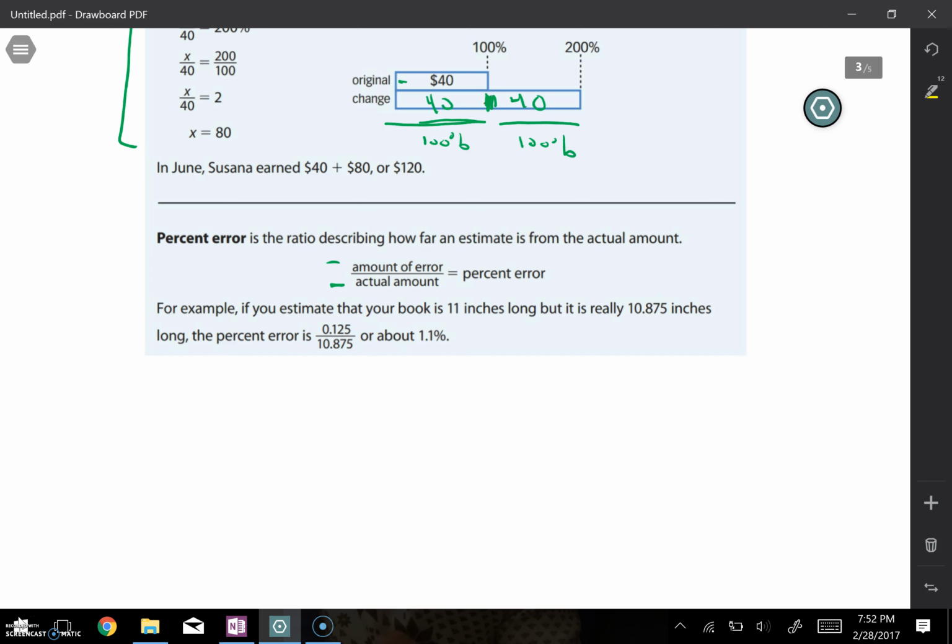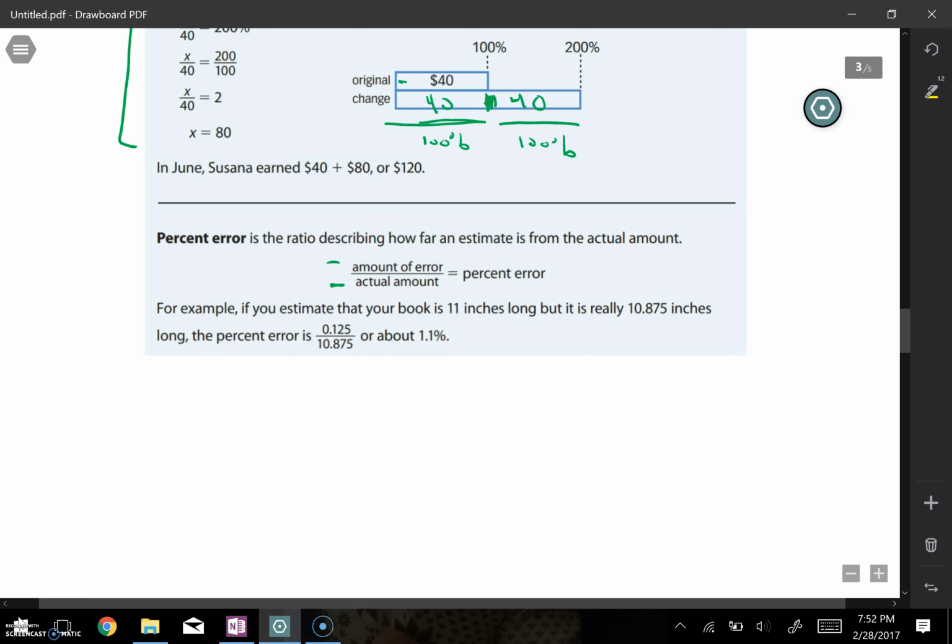Okay, so for example, if you estimate that a book is 11 inches long, but it really is 10.875, you would find the difference of the two. So this is my guess, take away the actual, so 11 inches minus 10.875, divided by the actual answer.